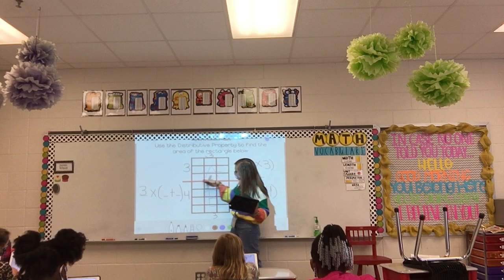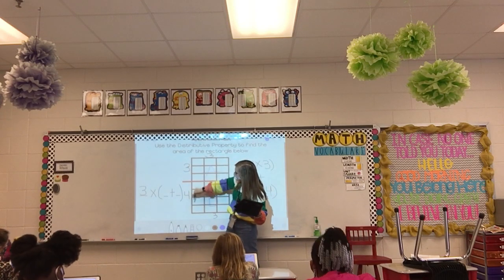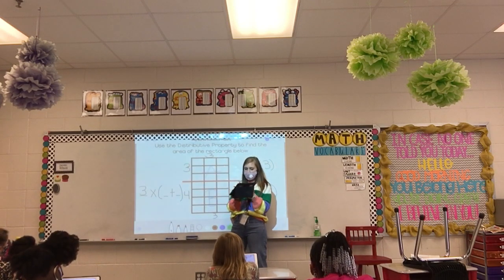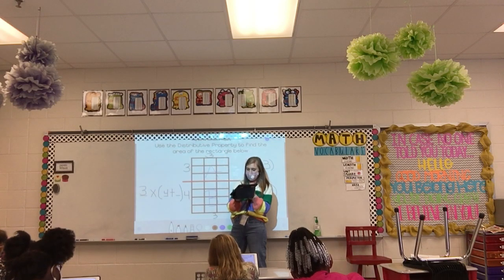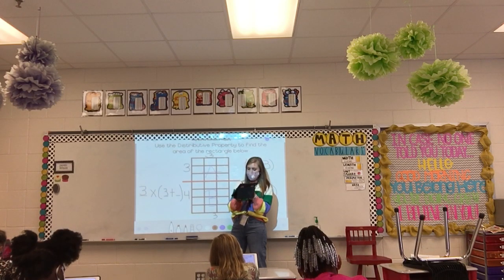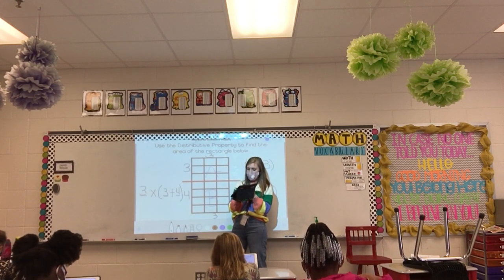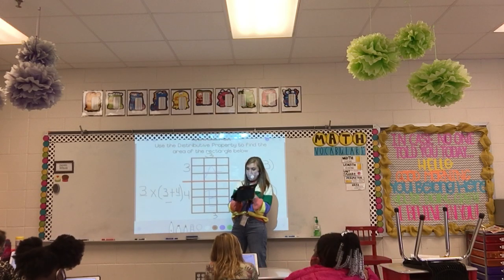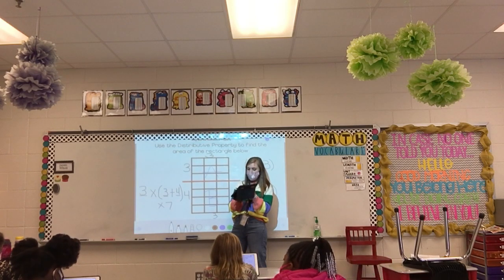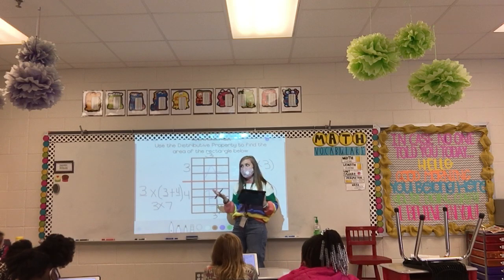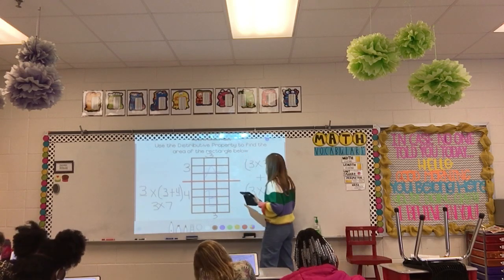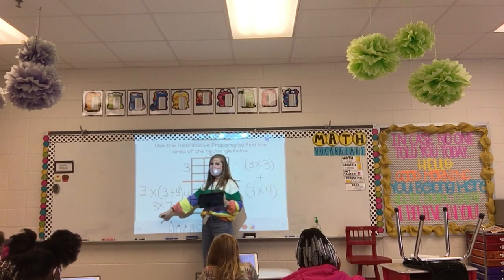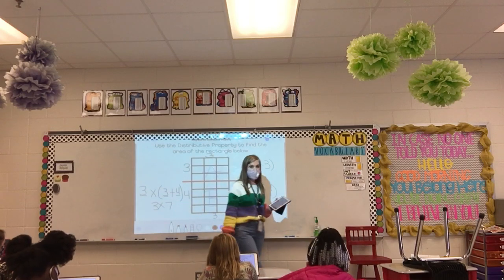We cut right in the middle of what 2 numbers? 3 and 4. So when we add those back up, we get what? 7. I mean, that's really easy, isn't it? Okay? This one helps us solve it, but this one helps us find our original equation really fast, doesn't it?